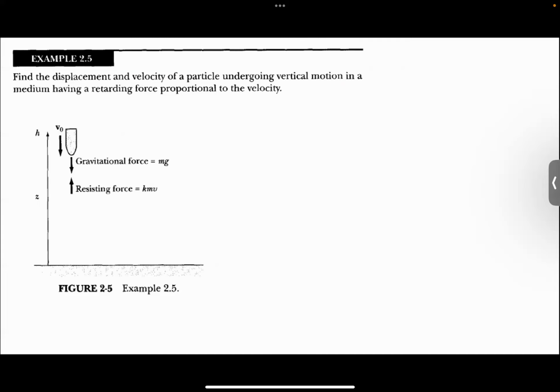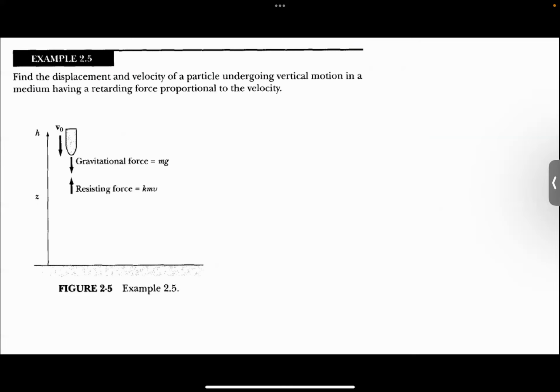Okay? So, kanina perpendicular yung gravity at saka yung resistive force. Pero ngayon, collinear sila. Parallel sila sa isa't isa. Okay. So, how do we approach this problem?